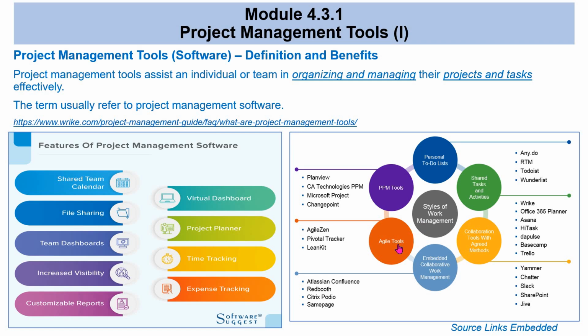There are also tools for Agile, like Agile Zen, Pivotal Tracker, and LeanKit. There are also tools for embedded collaboration management, like Red Boot and SamePage, and there are many things out there. So these are a few examples.